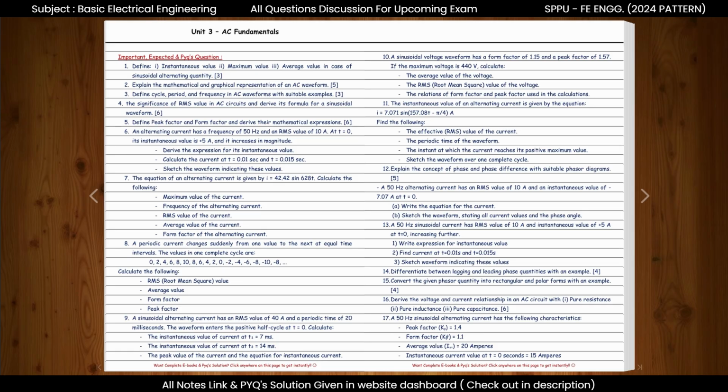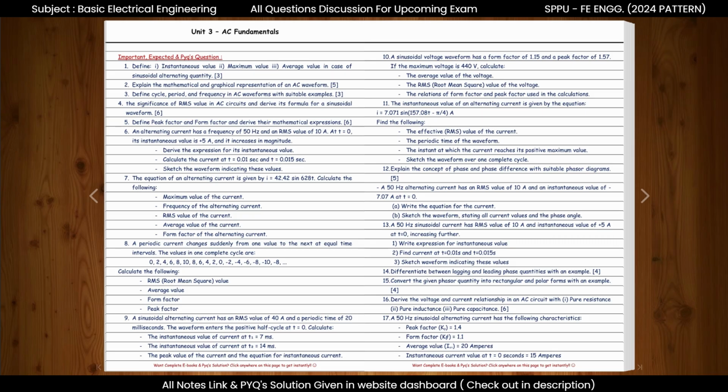In such problems, we use the formula I equals I max sine omega t plus or minus phi, where phi is the phase angle. The current at given times can be calculated by substituting these values into the equation. The waveform is sketched as a sine curve showing the calculated points.